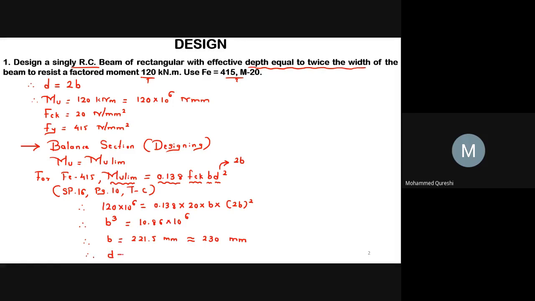In the given statement, it is given that D equals 2B. So, after putting the value of B that we obtained earlier in this equation, you will get the value of D as 460 mm. So, value of B is 230 mm and value of D is 460 mm.